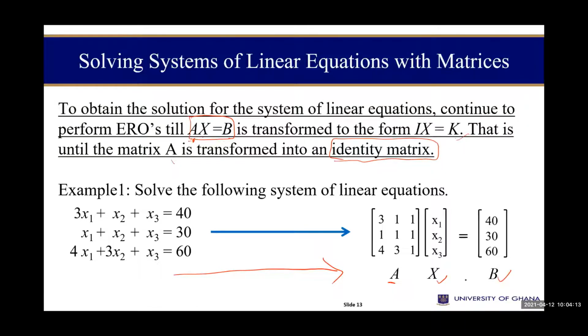B. And as I said, we want to change matrix A into an identity form. Whilst we do this transformation, matrix B will also be changed to a given matrix called what? K. Then X will be equal to what? K. That is all the operations we want to do.